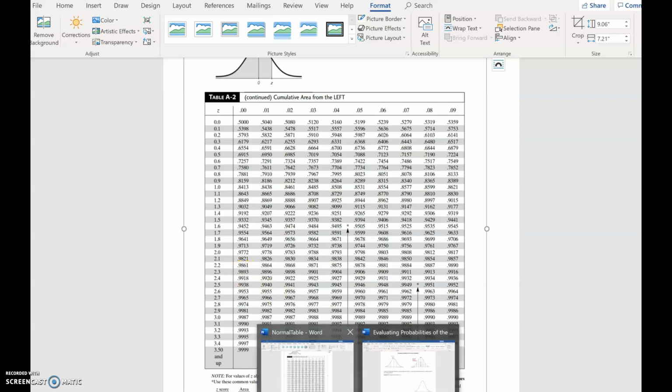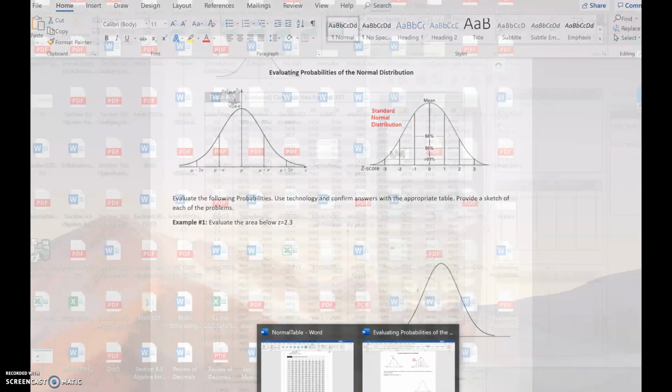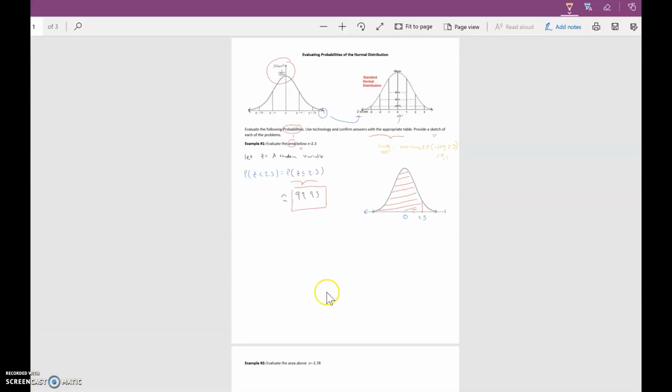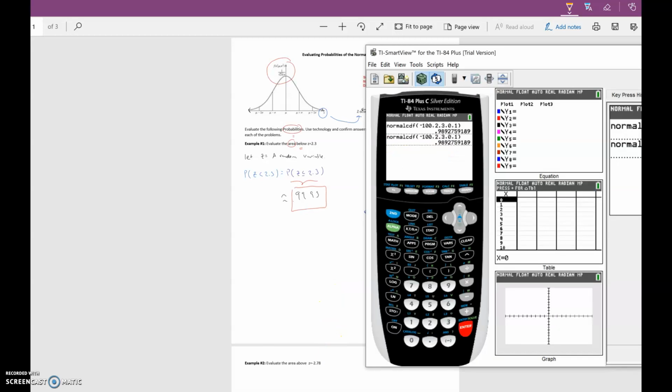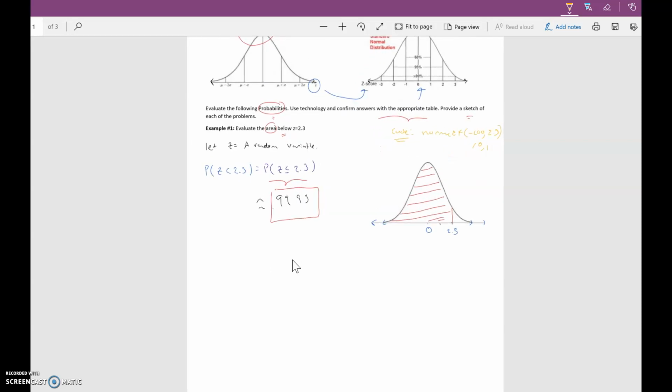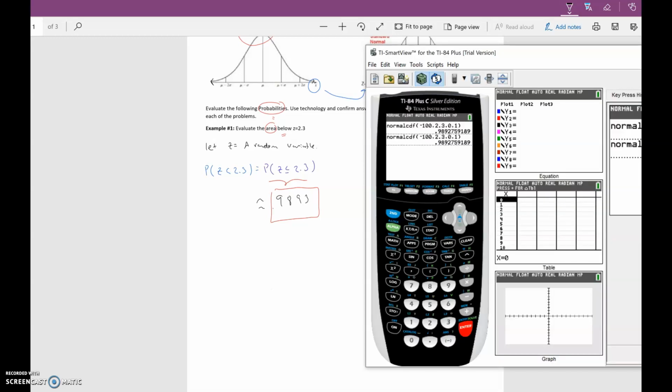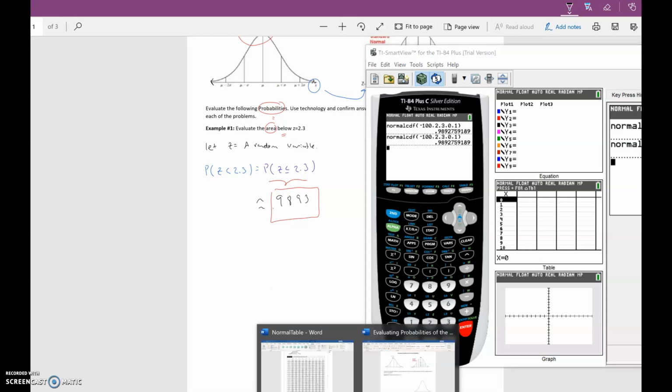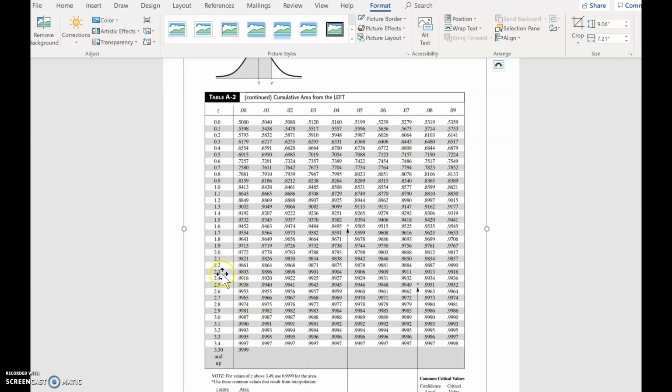Let's see if we match with the calculator. Whoops, did I miss it? Oh yeah, I wrote it wrong. This is supposed to be 98, 93. That's from the calculator. You can actually confirm it here on the table. This is the 2.3, 0.9893. Once again, it's in the column of the 0.00 for 2.3. So it's reading it as 2.30 on the table.